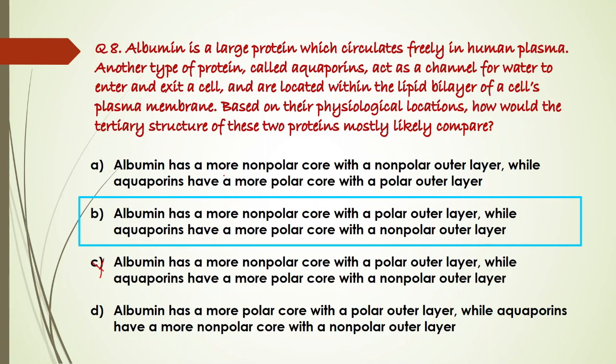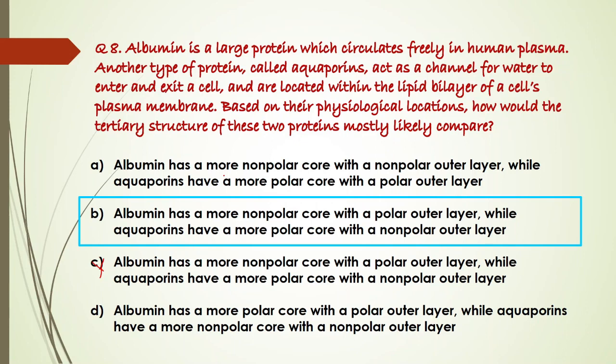So obviously if it is very stable in water, the outer layer of albumin should be polar, because water is polar, or plasma is polar. So the outer layer of albumin should consist of polar residues.